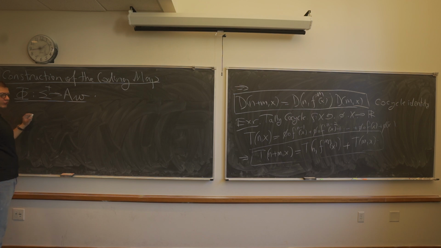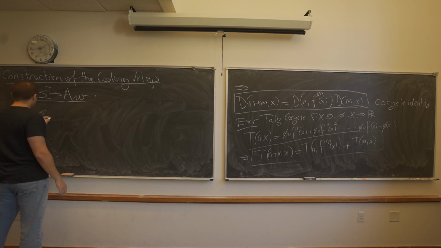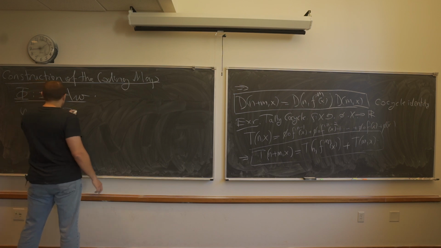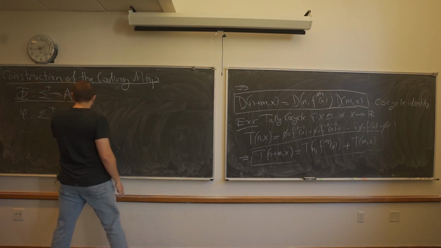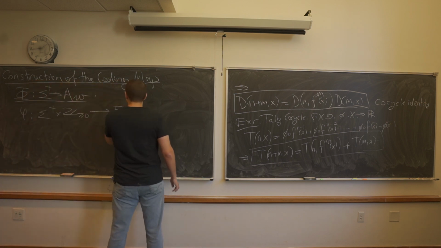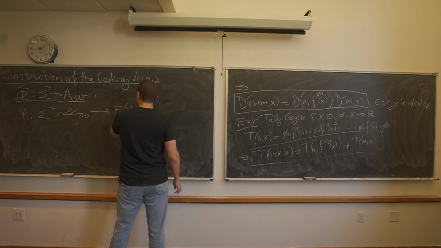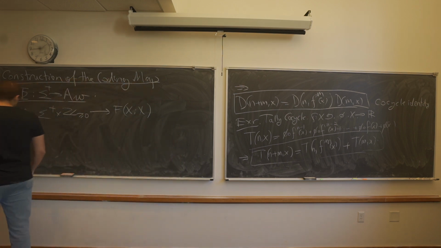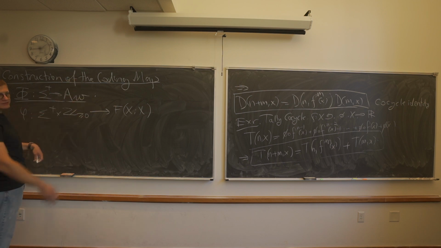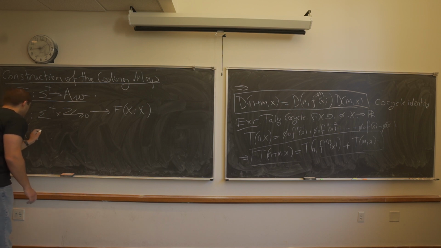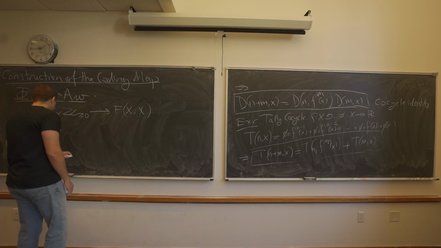So the cocycle that we're going to use is going to be defined like so. In those cases, I just had numbers. Now I'm going to have functions. This is equal to this.